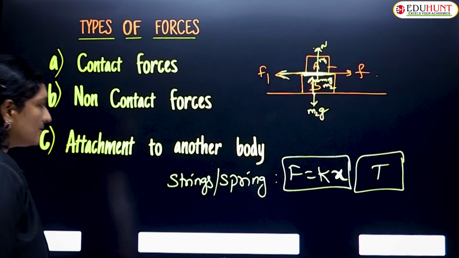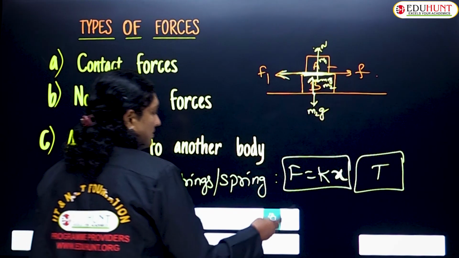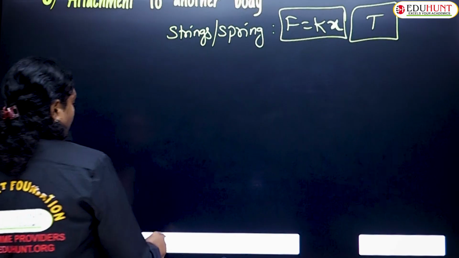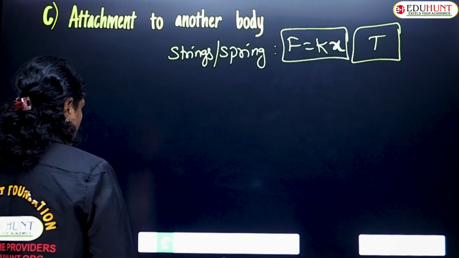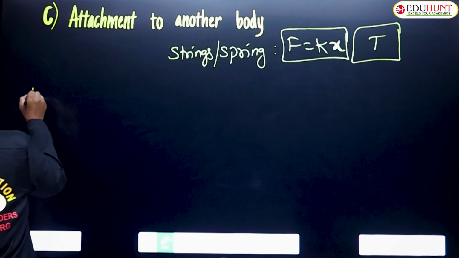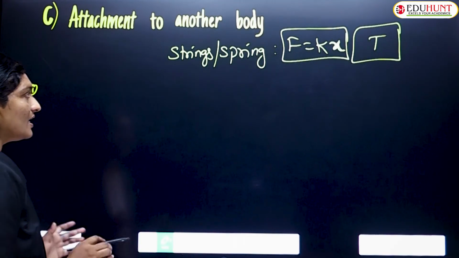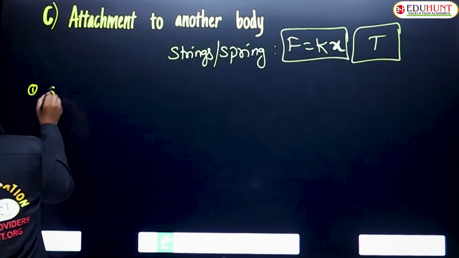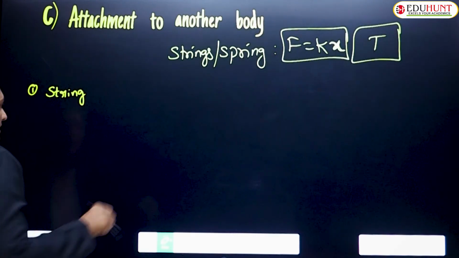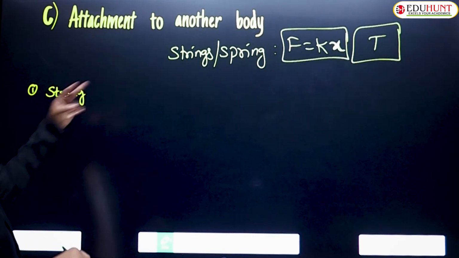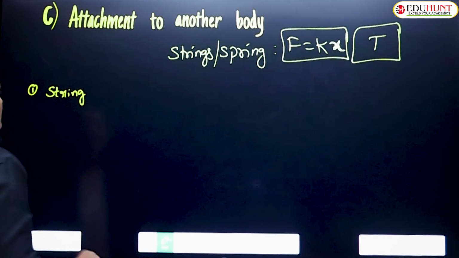To understand this in detail, let us consider a basic example. Here again, three conditions come into play. First, the string is inextensible. String and spring are the same conditions, children, so instead of using the two terms, I am using string altogether.